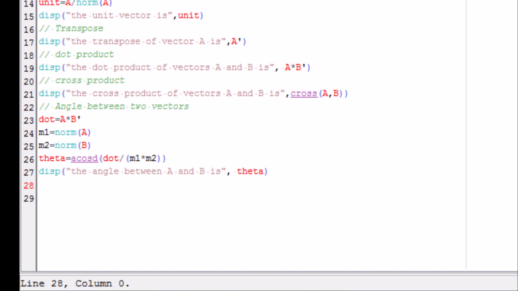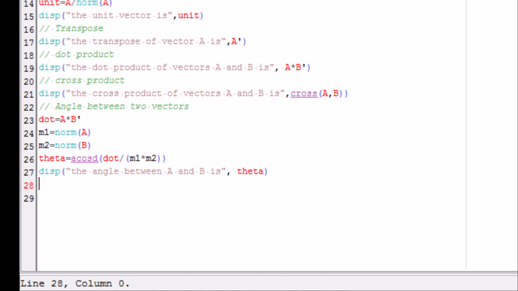If we see in case of A, the number of rows is 1 and the number of columns is 3, and similarly in case of B, the number of rows is 1 and the number of columns is 3. So the matrix multiplication rule is not satisfied, and therefore we cannot take the product of A and B. In order to take the matrix multiplication of the two matrices which we have used to represent the vectors, we have to take the transpose.